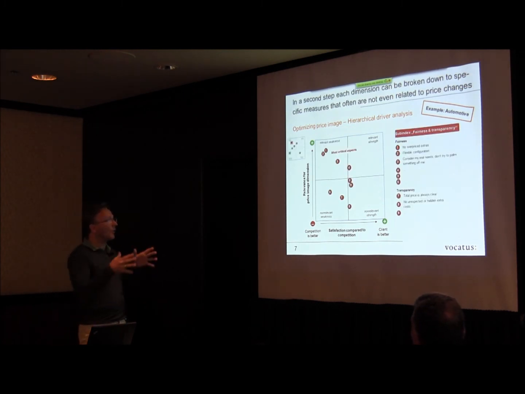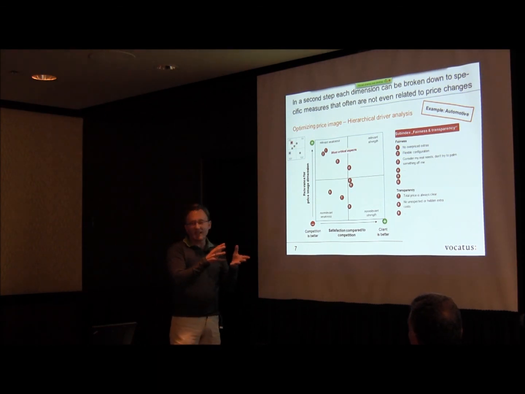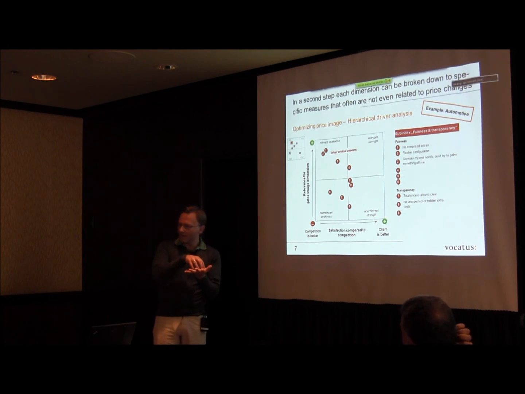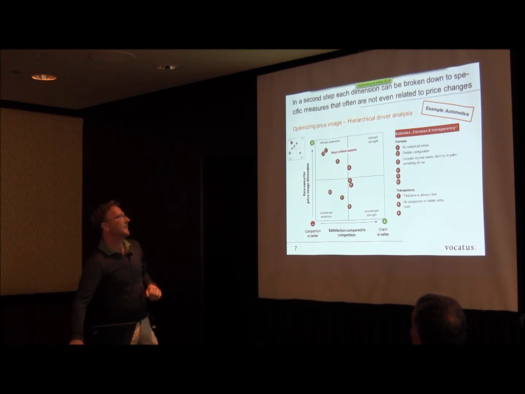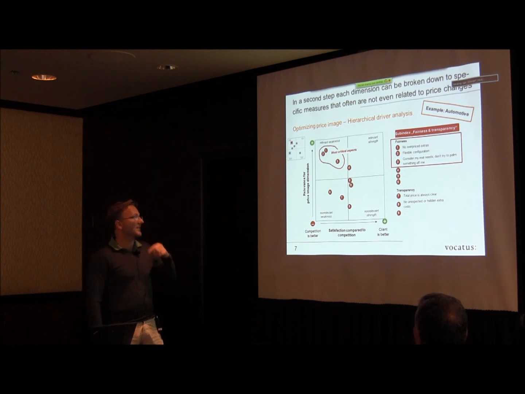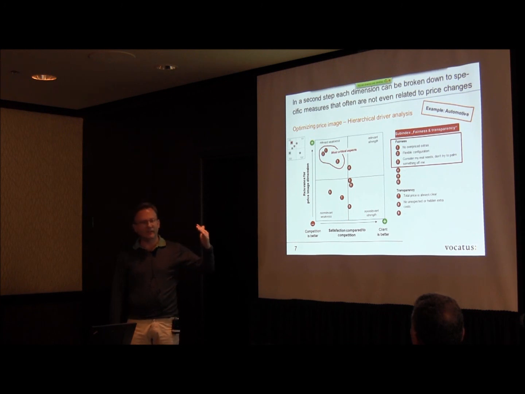And if you go one step further and look at what fairness and transparency mean, we are doing a hierarchical driver analysis here. We find that, for example, people say this company has a lot of overpriced extras, so maybe the base model is cheap, but if you want an air conditioner, you feel ripped off.